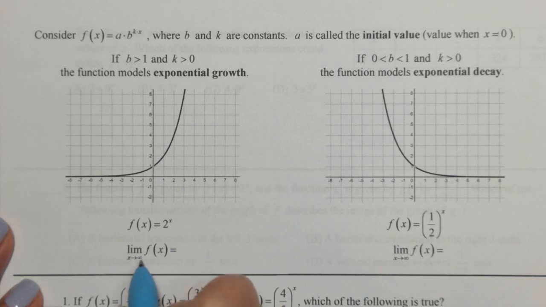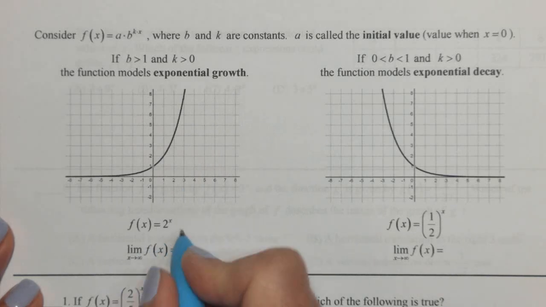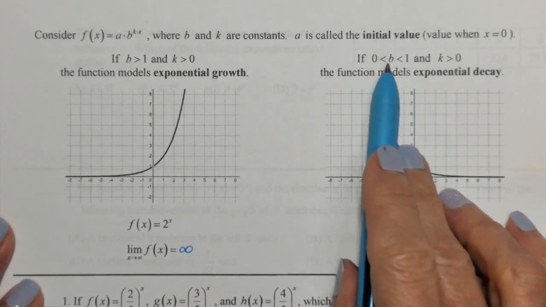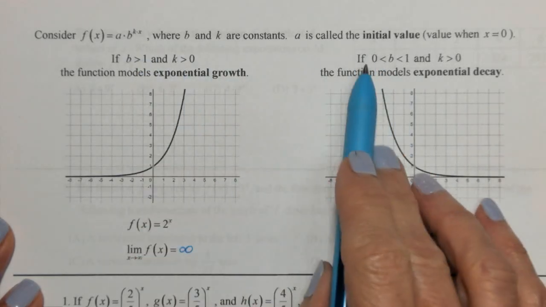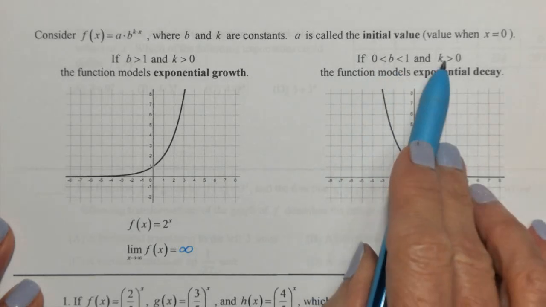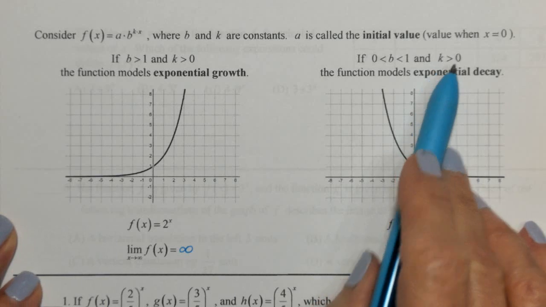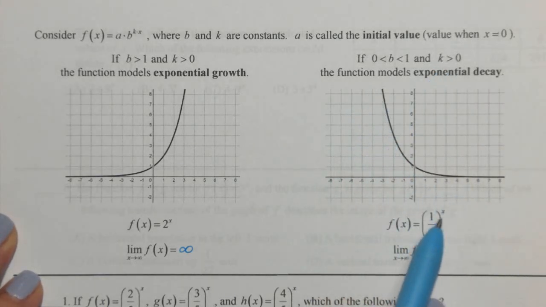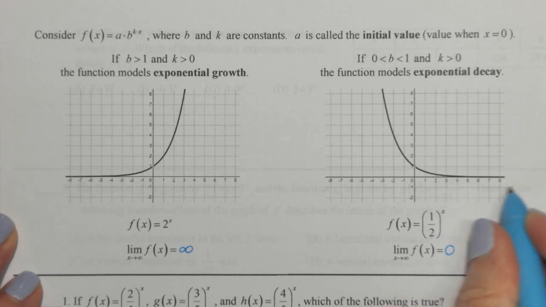As x goes to infinity, the function goes to infinity. This is the graph of 2 to the x. If your base is between 0 and 1, you have decay, as long as your k value is positive. This is the graph of 1/2 to the x. As x goes to infinity, the function value approaches 0.